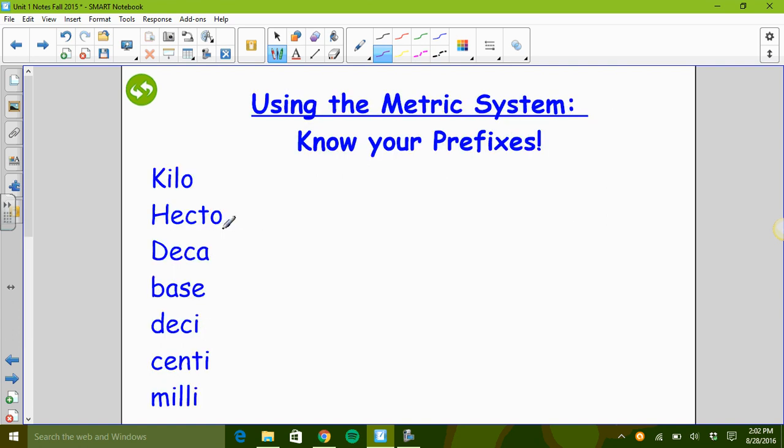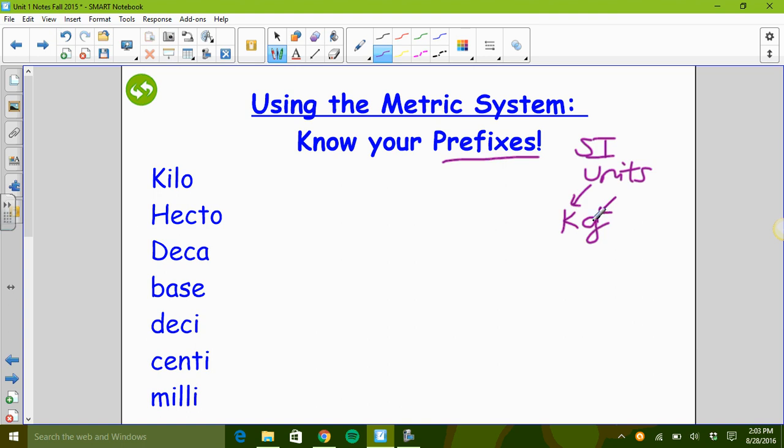Okay, so the metric system is what we use for the prefixes that go in front of the SI units. And so you saw one already, kilogram. So the kilo was denoting the size of the unit that was denoting the mass of an object.